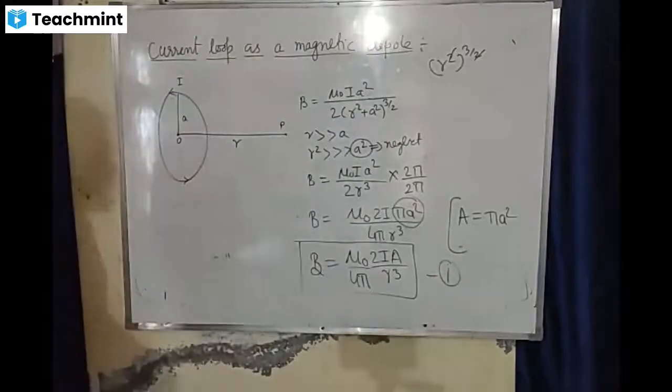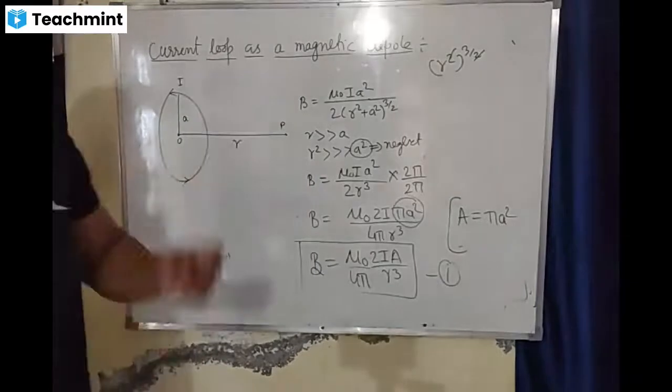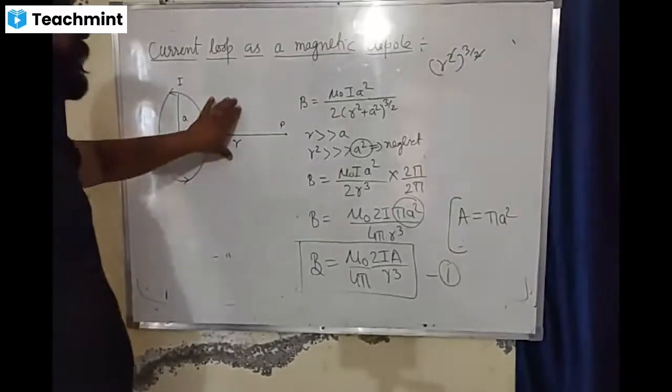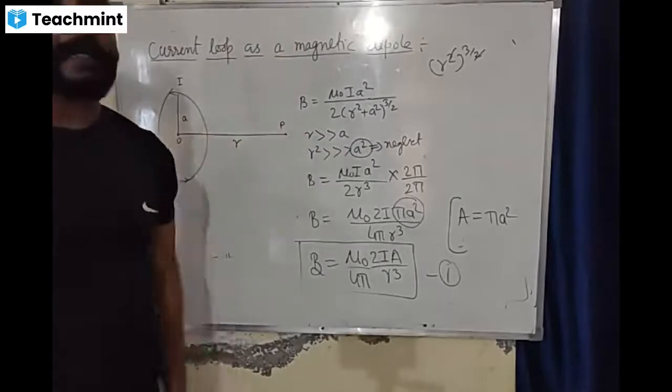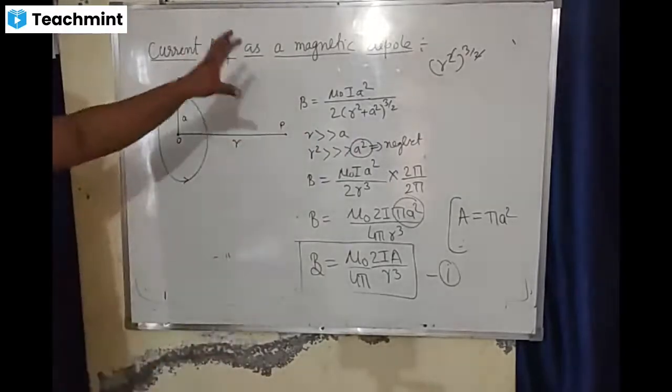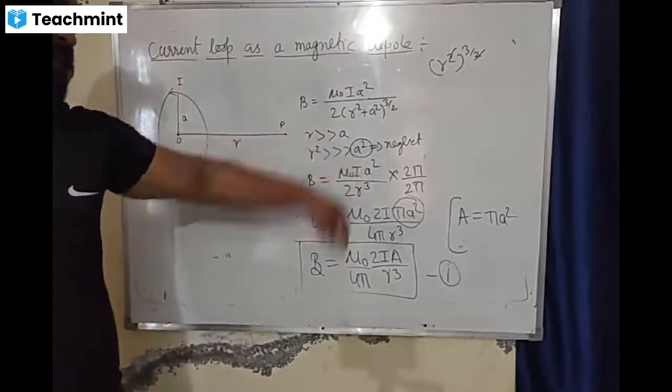You can note down till this. We found the magnetic field at the axial point due to a current carrying circular loop. After that, we considered the case when r is very much greater than A, so r square is very much greater than A square, and we neglect the term A square.